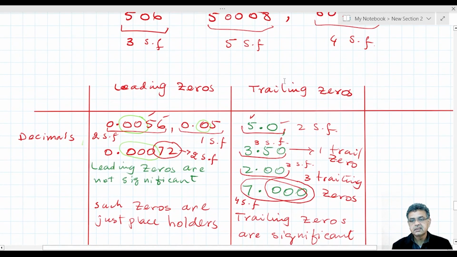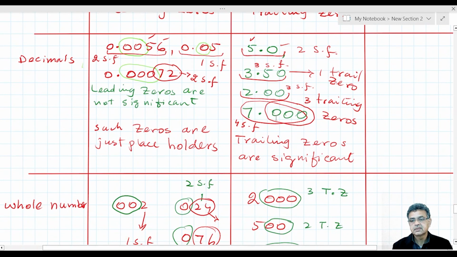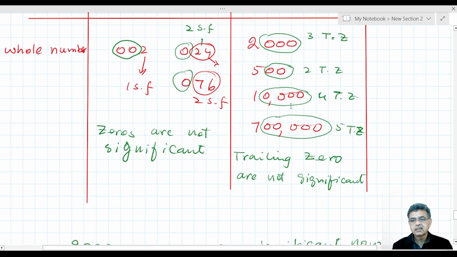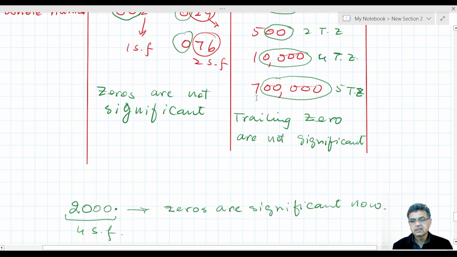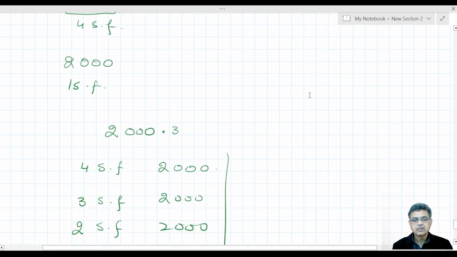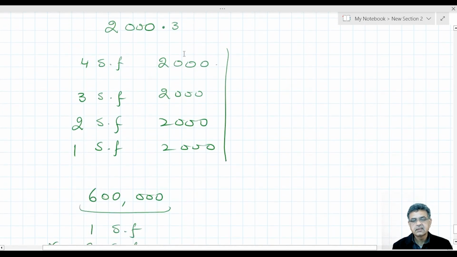And trailing zeros, in the case of decimals, are significant. And trailing zeros in whole numbers are not actually significant, but in such cases you can consider them to be significant.